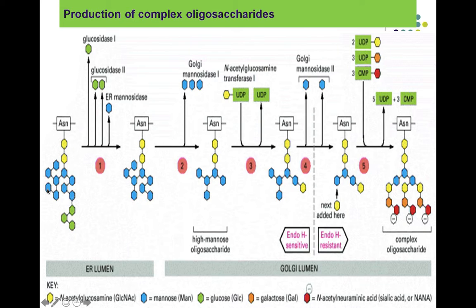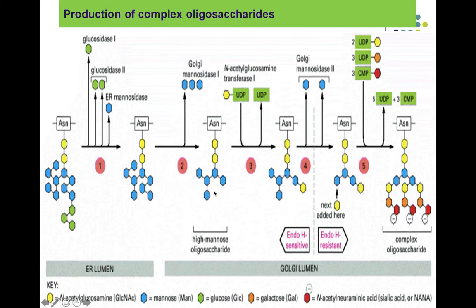Now, within the Golgi network, CGN to medial, additional things happen. Here you expect enzymes similar to the ones working in the ER. You have a Golgi mannosidase working to cleave or take away the mannose monomer.